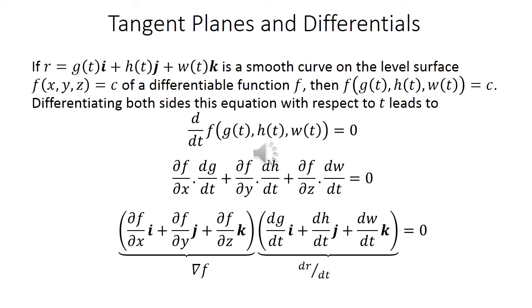We can expand that using partial derivatives: partial f partial x times dg/dt plus partial f partial y times dh/dt plus partial f partial z times dw/dt equals 0. If we take the partial derivatives in a single bracket, (∂f/∂x i plus ∂f/∂y j plus ∂f/∂z k), times the second bracket, (dg/dt i plus dh/dt j plus dw/dt k), it equals 0.